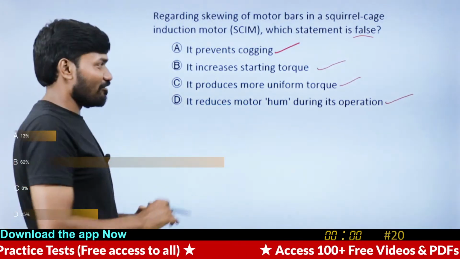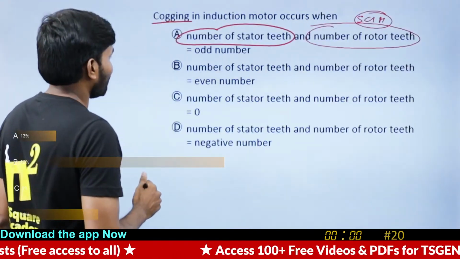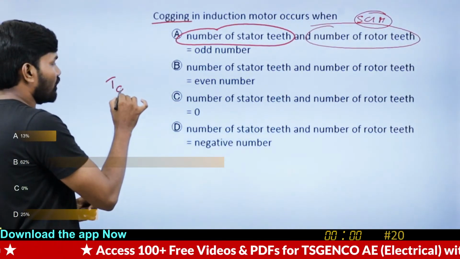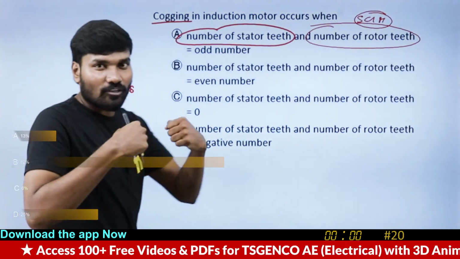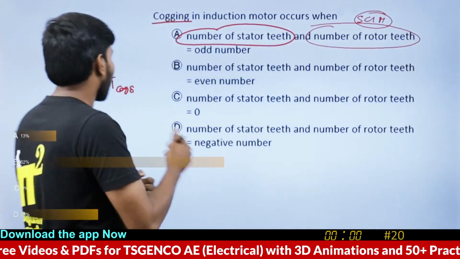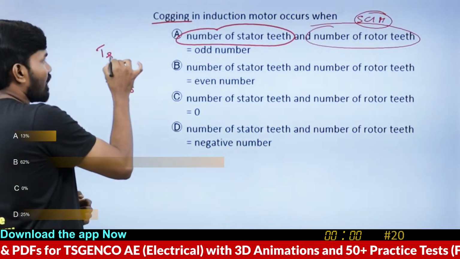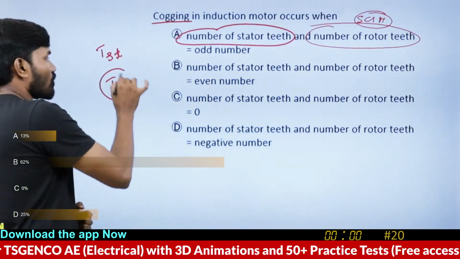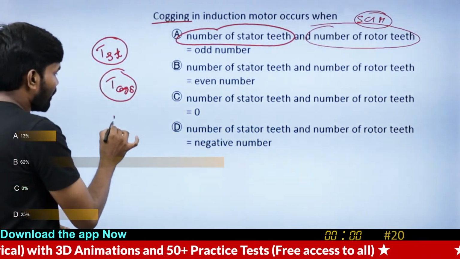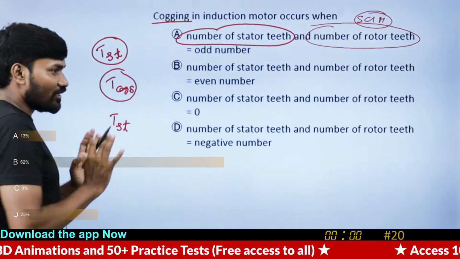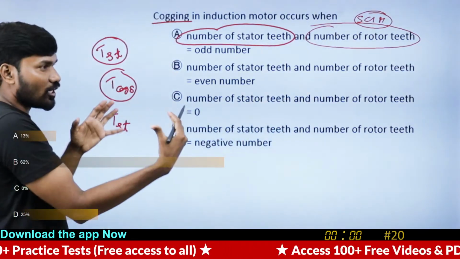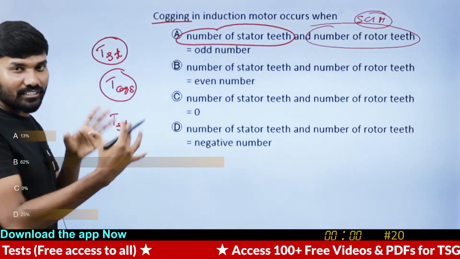Why? Because I'll tell you. Cogging torque is a magnetic locking torque, right? At the starting, you have some starting torque as well as a cogging torque. Both will be there. The starting torque will try to turn the rotor in one direction, but the cogging torque will try to block the rotor.